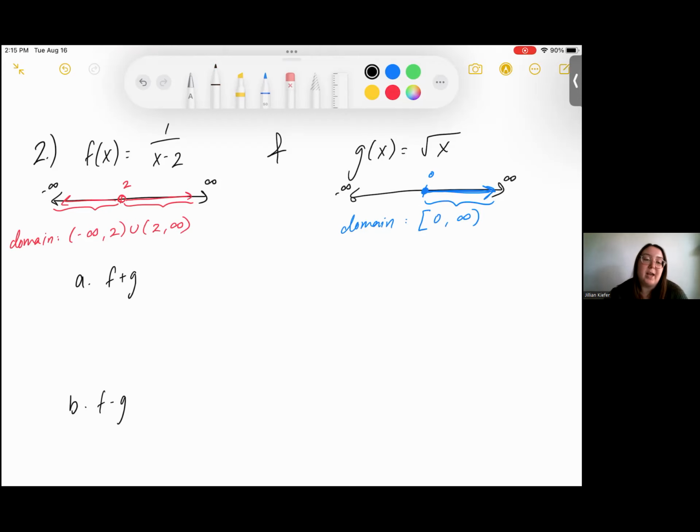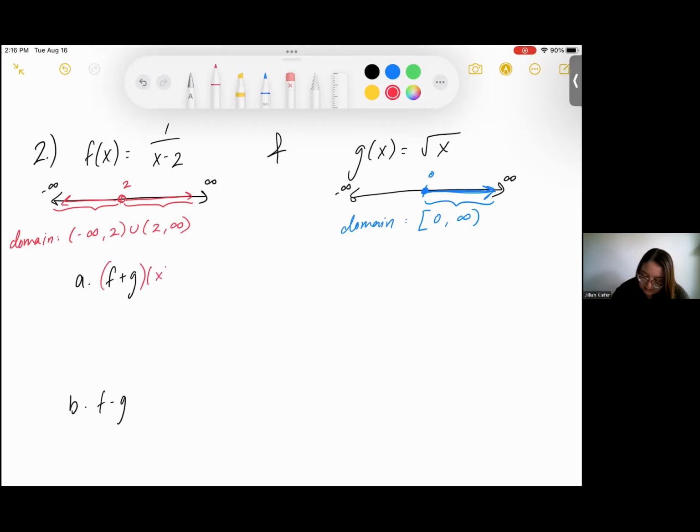So with part A, we have f plus g. Now I wanted to write it like this because you will see occasionally on homeworks and exams, it can be written a little differently. So in this case, if you see something like f plus g, this insinuates f plus g of x. That's really what we mean here.